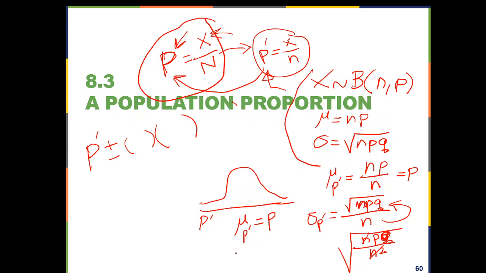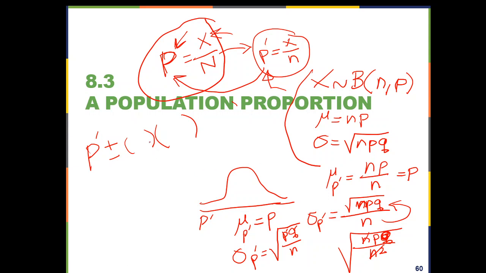So we end up with the standard deviation of p primes being the square root of pq divided by n. Now obviously we don't know p and q, so we're going to use p prime and q prime. That is going to cause a little error, but that's okay, we can take care of that later. All right, so that's all there is to it.